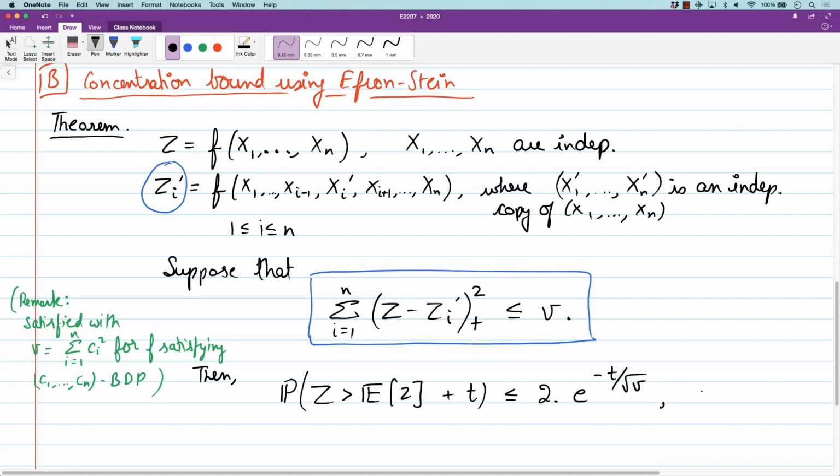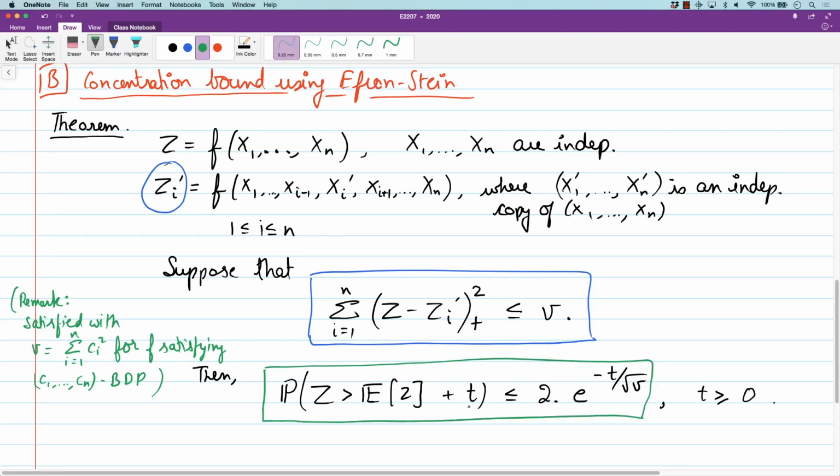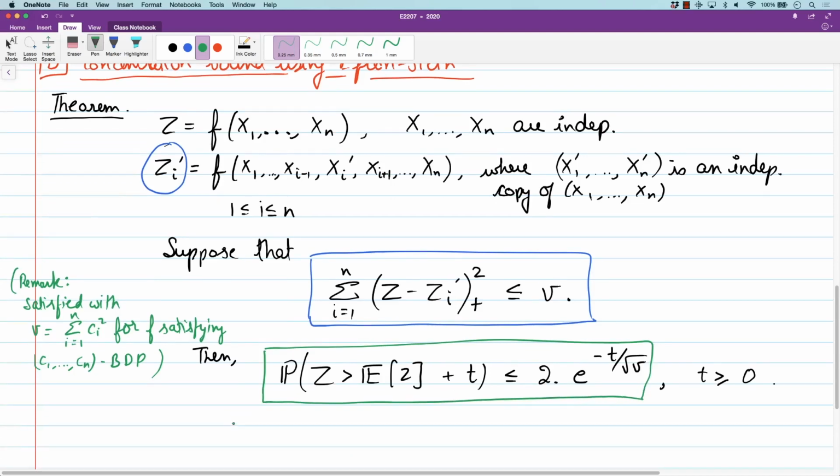But in general, the McDiarmid bound is a better bound than this one. But we'll give a different proof of this bound. We'll use the Efron-Stein inequality to come up with this bound, and we'll illustrate the general recipe we pointed out.